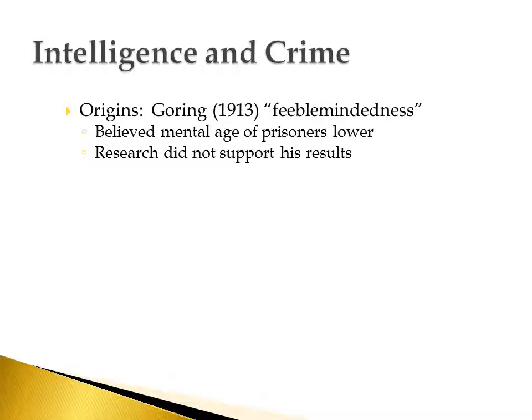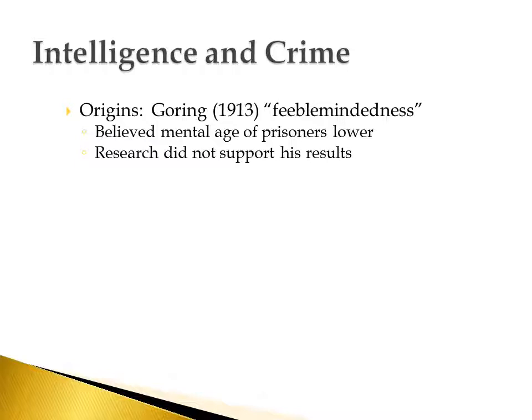Now, this concept, being mentally stunted, having a lower mental age, was what he called feeble-mindedness. And this was a concept that people tried to study a lot and tried to measure whether or not people were feeble-minded.